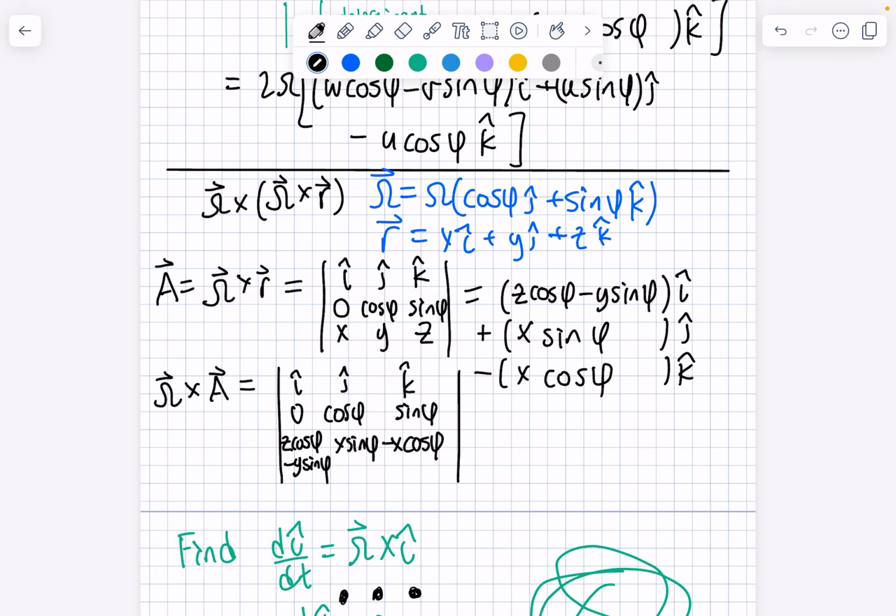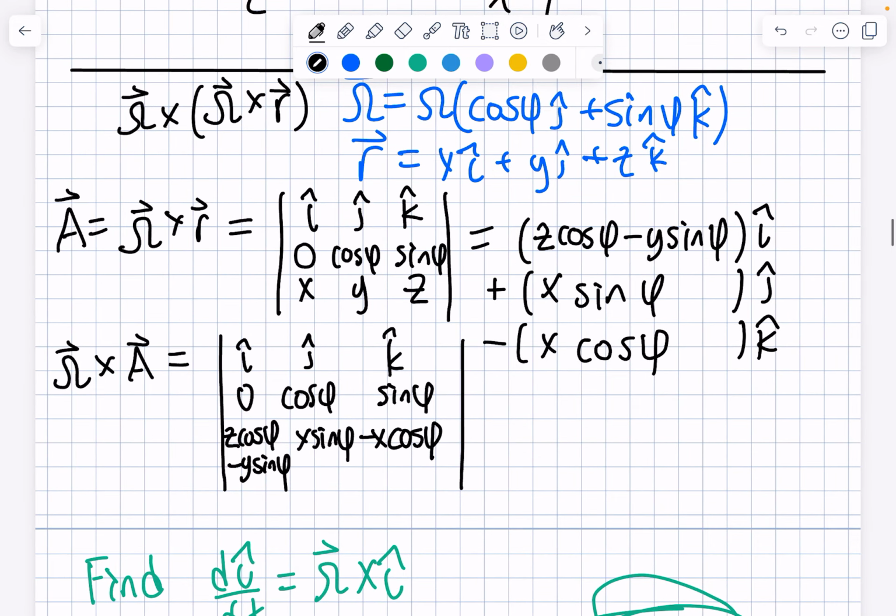Let me just double check that. So we have three terms, the first term, second term, and third term in line like this.